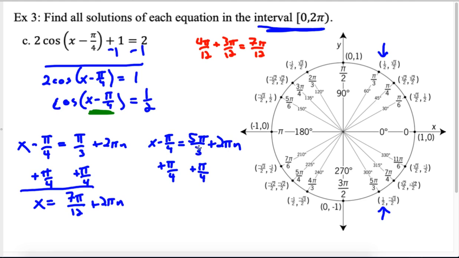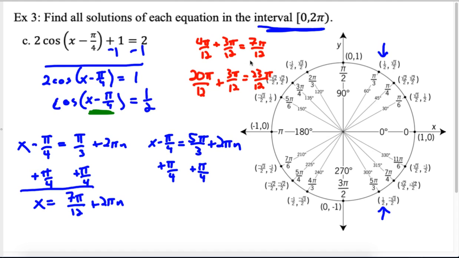And then here, 5 pi over 3 plus pi over 4. Again, common denominators would get me 20 pi over 12 plus 3 pi over 12, which would be 23 pi over 12. Now, we need to be careful here.